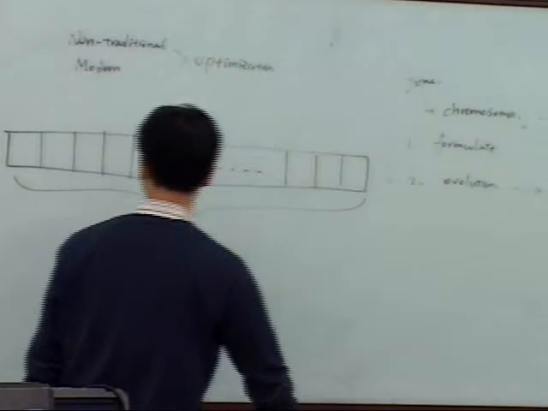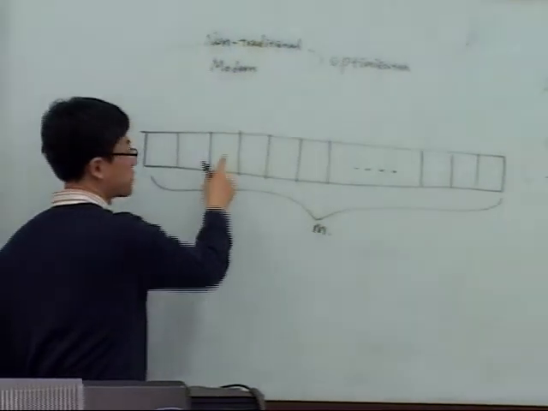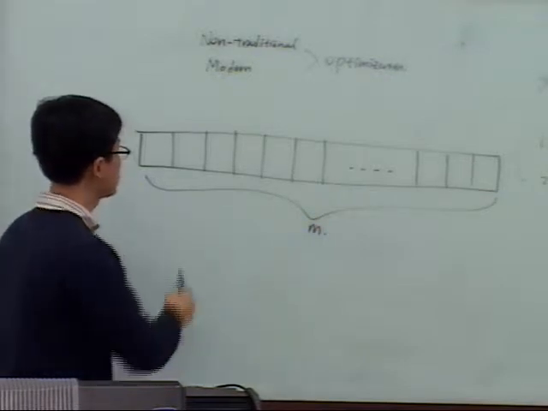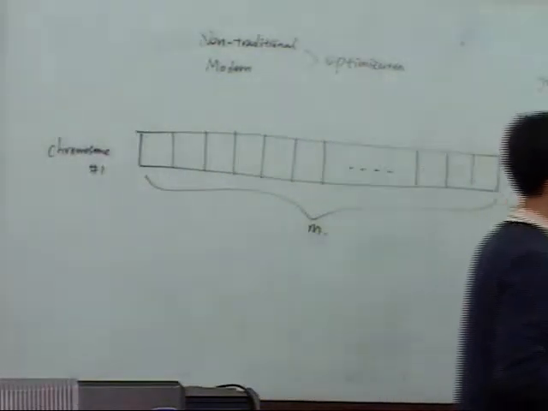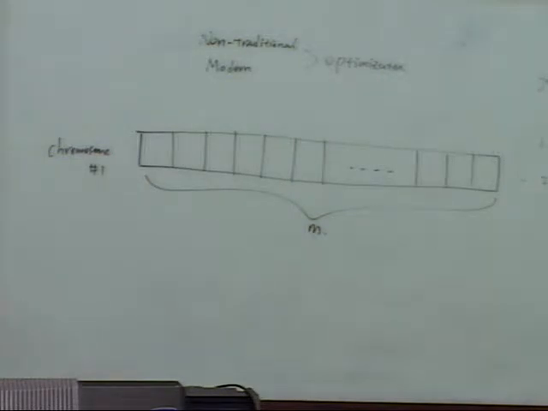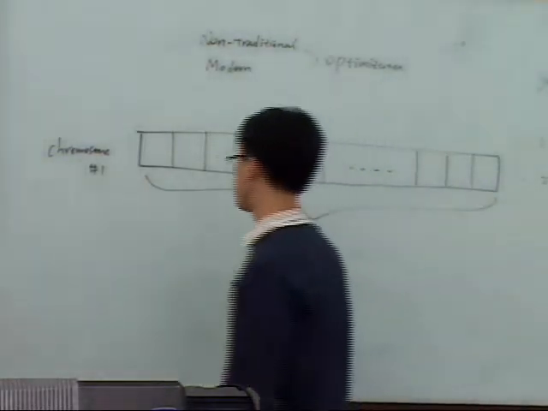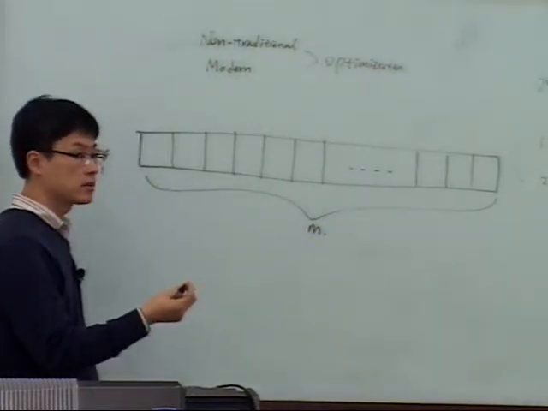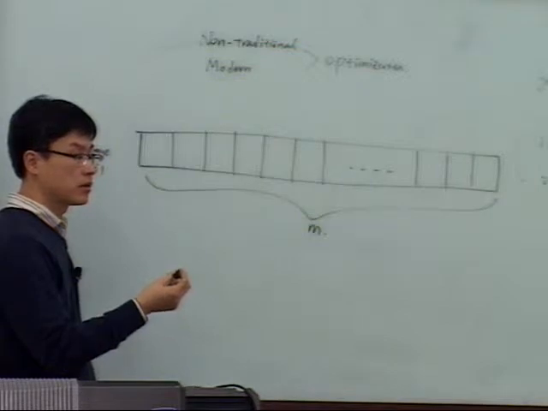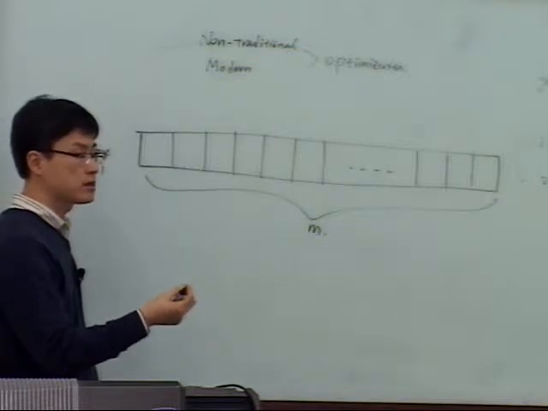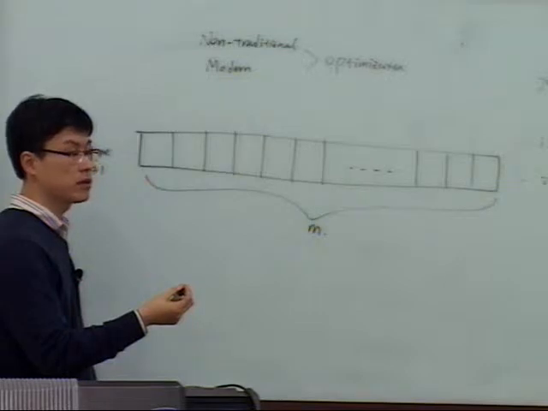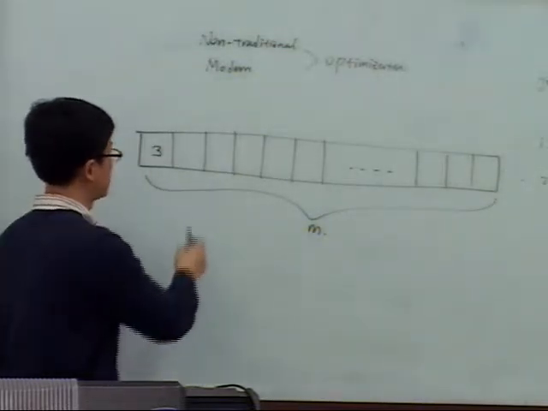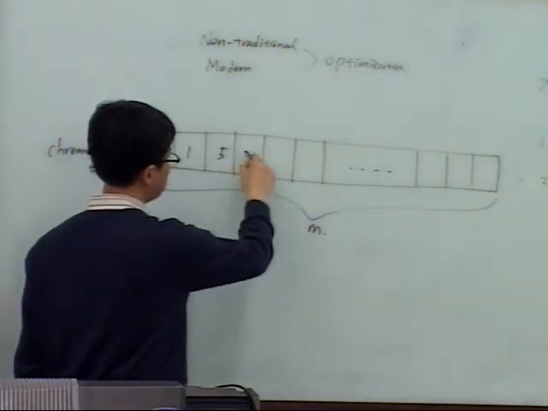Okay, so in each gene is the destination. For example, if B1 is inside of the can number 3, then it should be 3. 1, 5, or something like that.